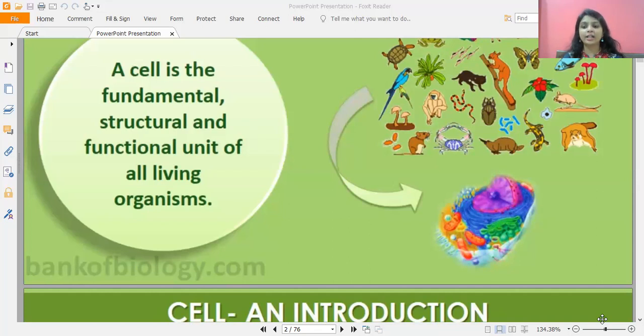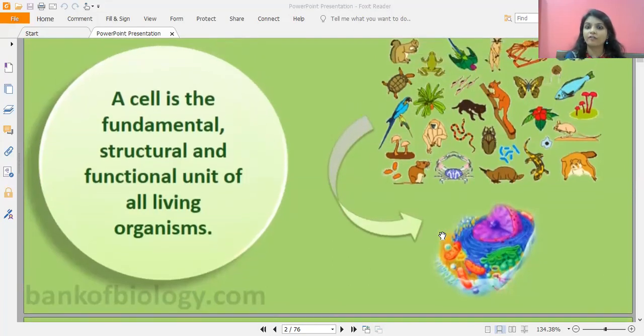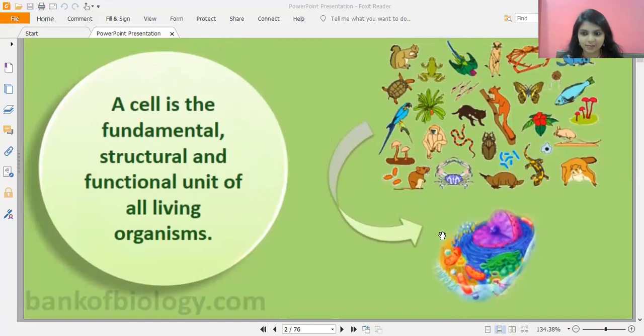It gives structure because it is made up of carbohydrates, proteins and lipids, and it is responsible for various functions in your body, for example protein synthesis and production of ATP energy. That is why the cell is the fundamental structural and functional unit of all living organisms.